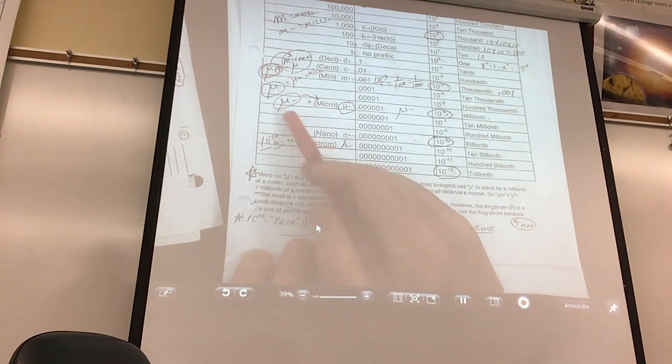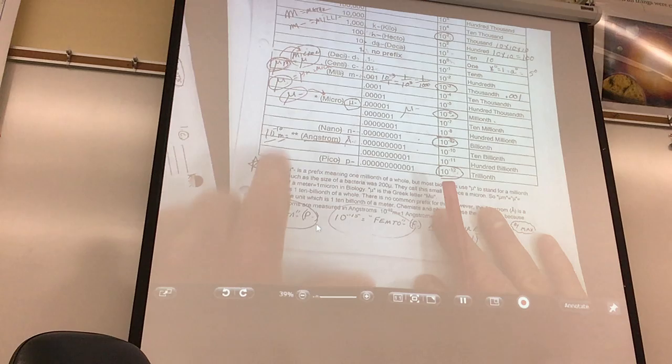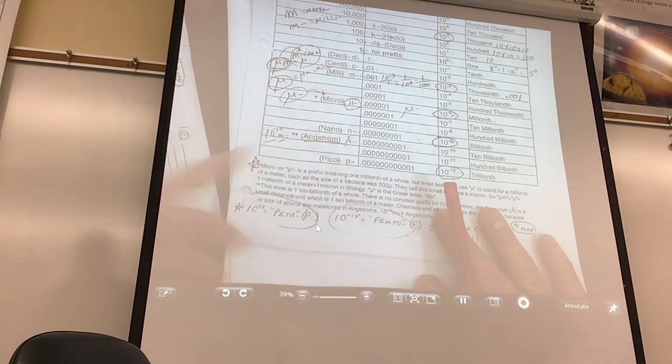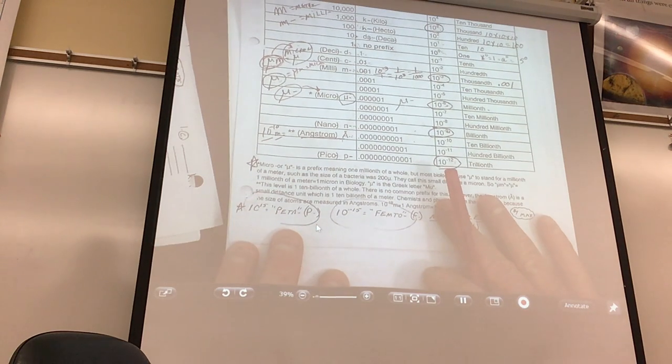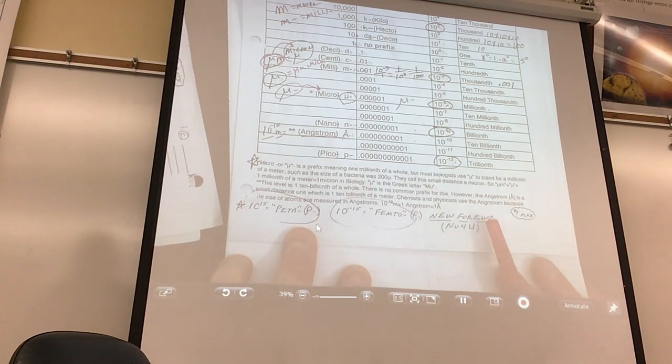But if you were to see a mu with a dash after it, it can't stand alone. That'd be micro, wouldn't it? And micro has to have something after it because it's a prefix. So you can have 3 microns. You can't have 3 micros. It wouldn't make any sense. What's the other thing on here that's not a prefix? That's down. It's on here, but it's also down here.